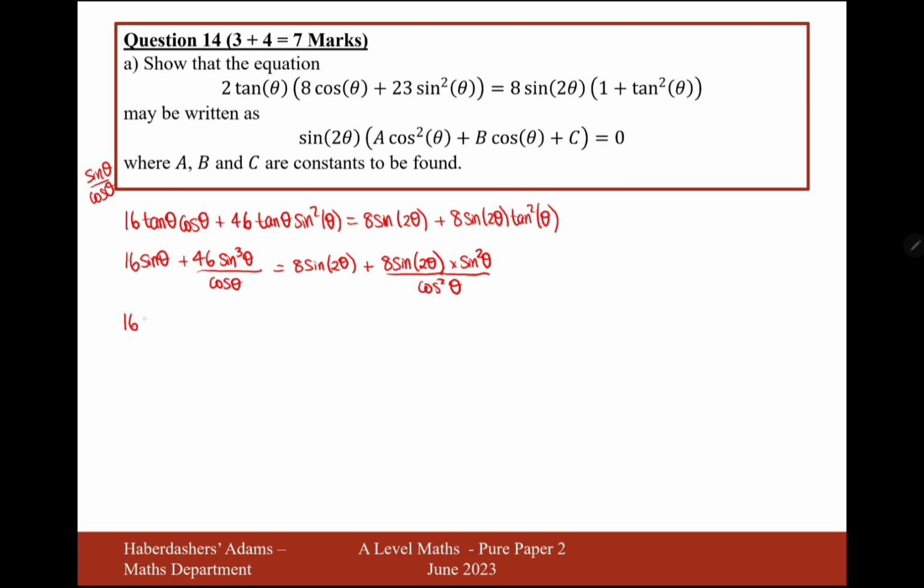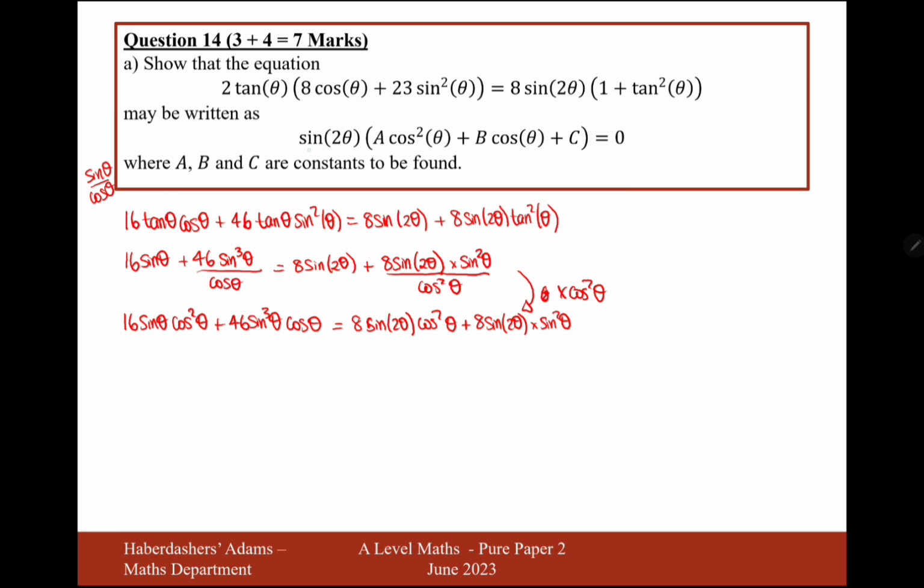So I'm going to get 16 sine theta cos squared theta, add 46 sine cubed theta over cos theta, but I'm multiplying by cos squared theta, so that's going to give me cos theta equals 8 sine 2 theta cos squared theta, and then plus 8 sine 2 theta times sine squared theta.